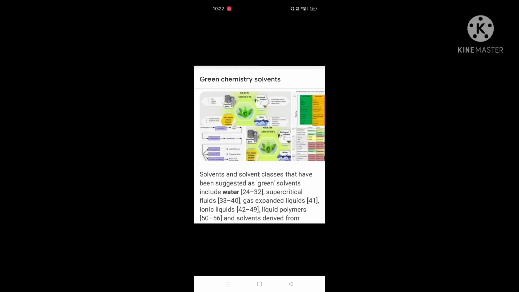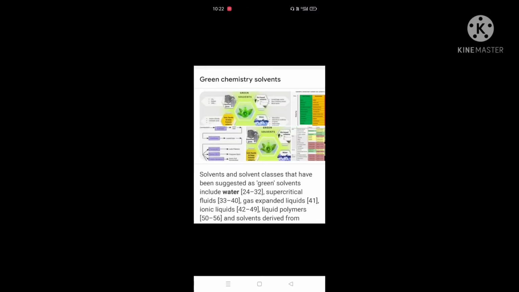Whatever it may be, the solvent we use should be less hazardous, or not harmful to the environment. That's why so many green chemistry reactions are conducted with water as the solvent. Water does not cause any environmental pollution, because it is naturally available. That's why we use it in so many green chemistry reactions.